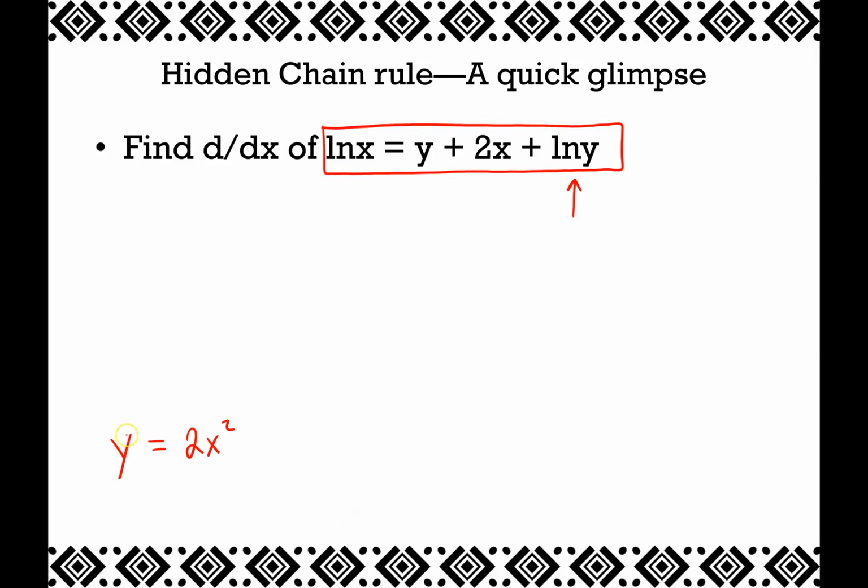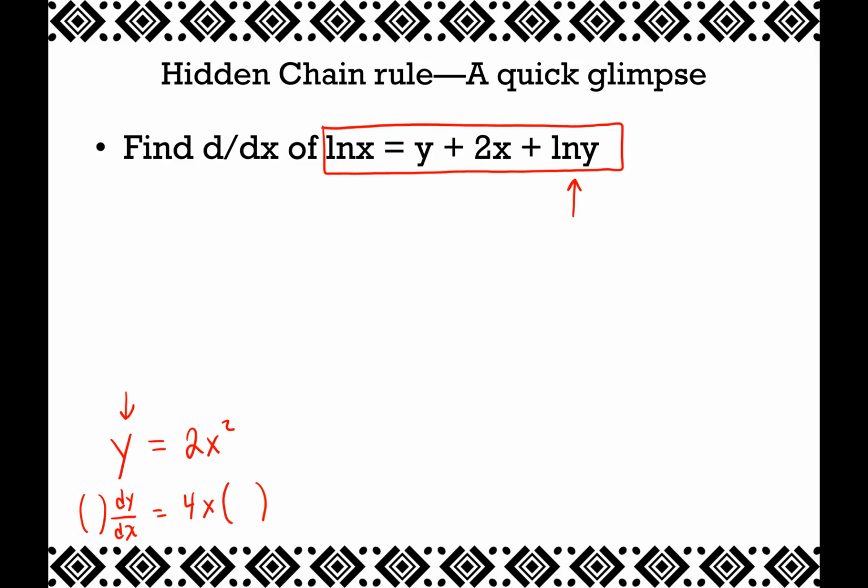Basically, we took the derivative of y, which is dy dx, or you could say y prime, and we took the derivative of this. This is 4x. But did you know that there's something invisible right here and something invisible right here? And those invisible things are essentially equal to 1.